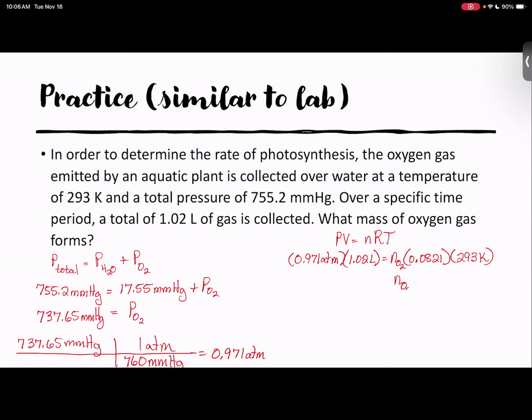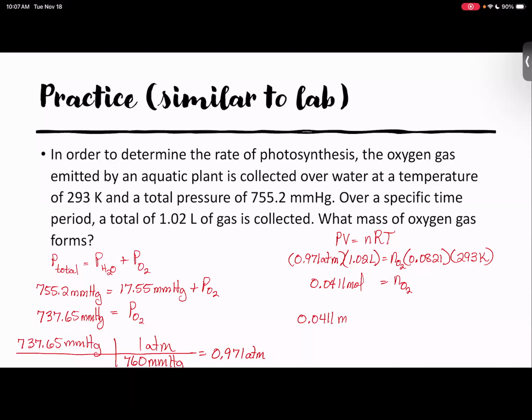And you get the moles of oxygen gas to be 0.0411 moles of oxygen.